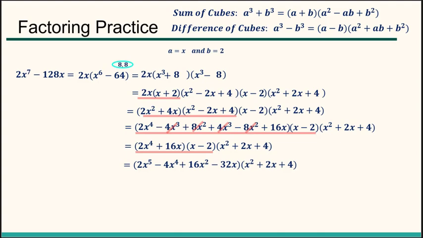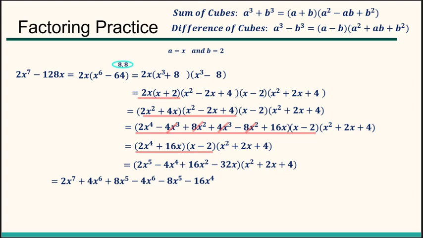I got to distribute the 2x to the 5th, the 4x to the 4th, the 16x squared, and the 32x. Oh my goodness. Here's the 2x to the 5th. Multiplying the 2x to the 5th times that last term there, I'll get 2x to the 7th plus 4x to the 6th plus 8x to the 5th. Distributing that minus 4x to the 4th, I'll get minus 4x to the 6th minus 8x to the 5th minus 16x to the 4th.